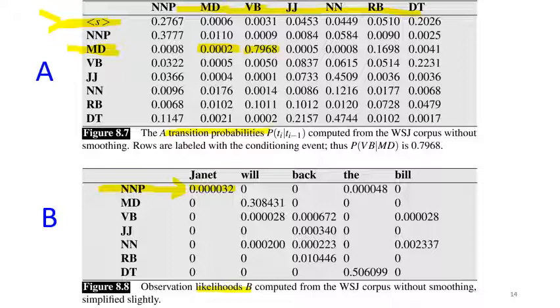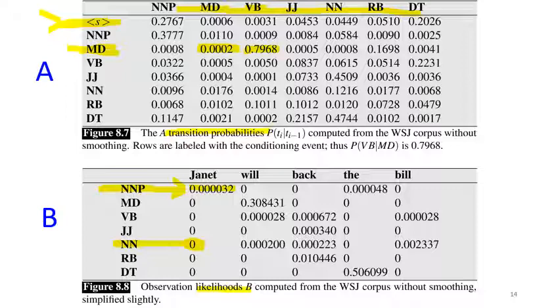Let's see another example. If it is a common noun, then the probability that the word is Janet is 0. It makes sense because a common noun is not something with a specific name like Janet. Common nouns are like door, goat, clock, time, computer, and so on.